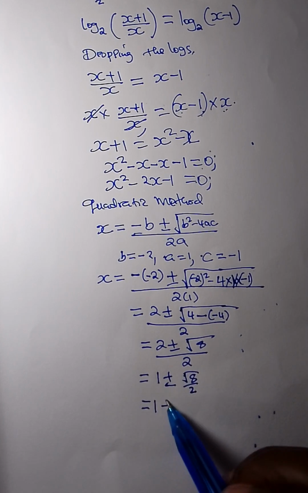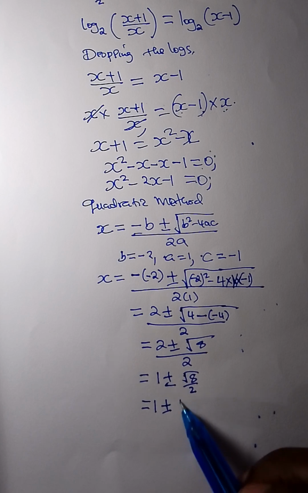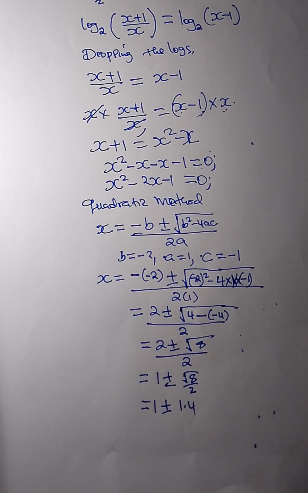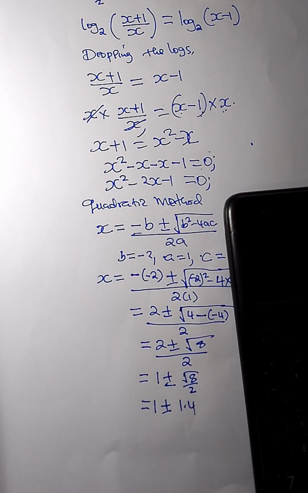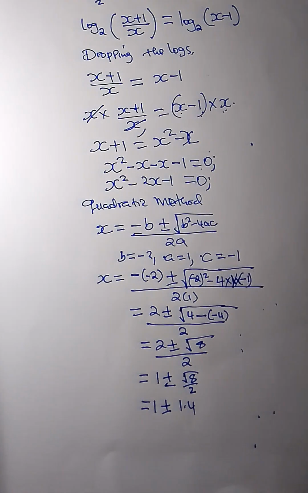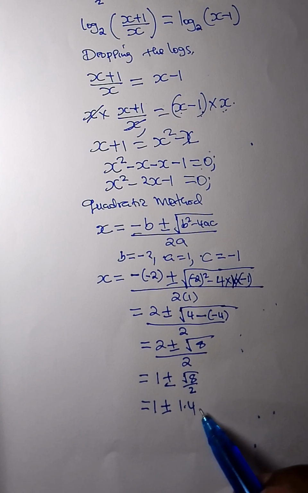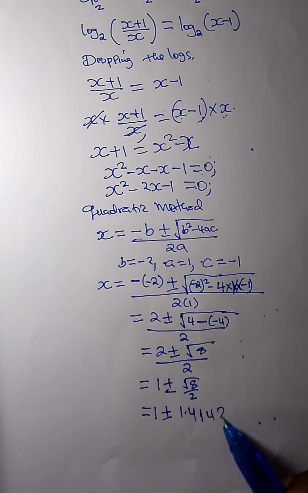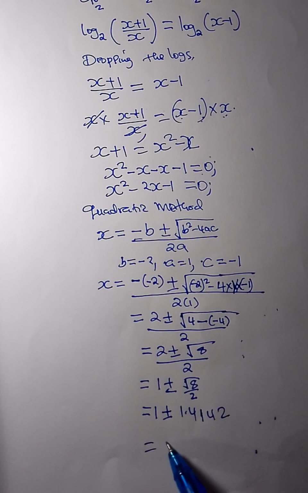So this will give us 1 plus or minus 1.4. You can use your calculators. If you find out root 8, root 8 is equal to 2.8, divided by 2, so that will give us 1.4142.